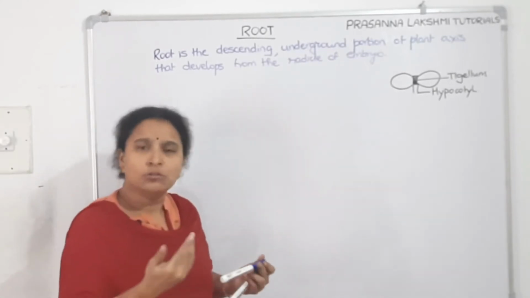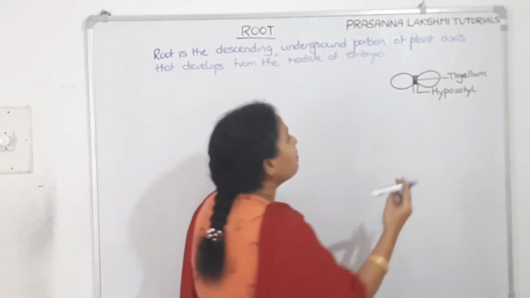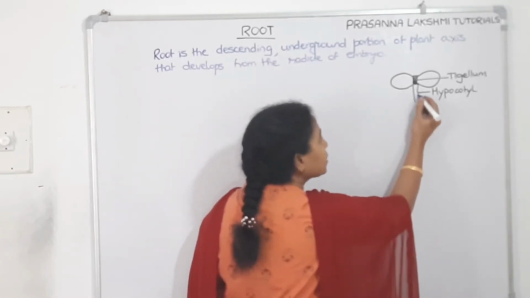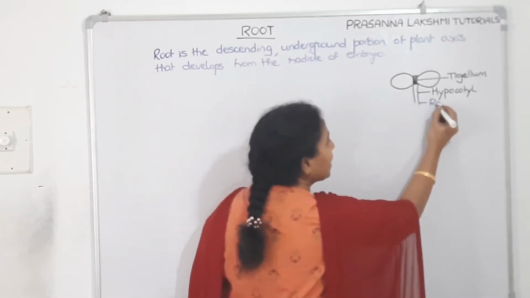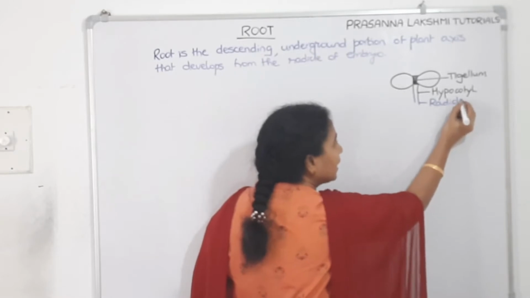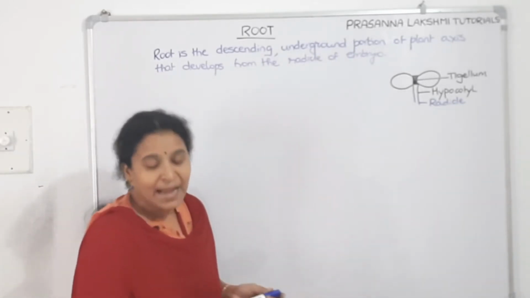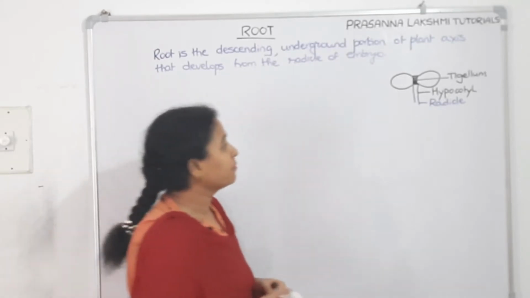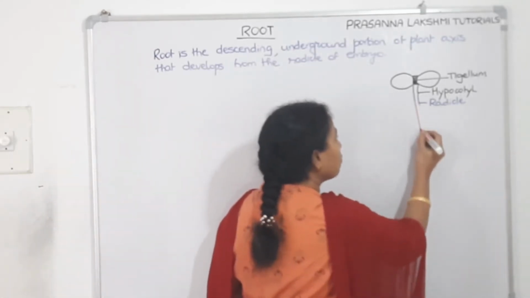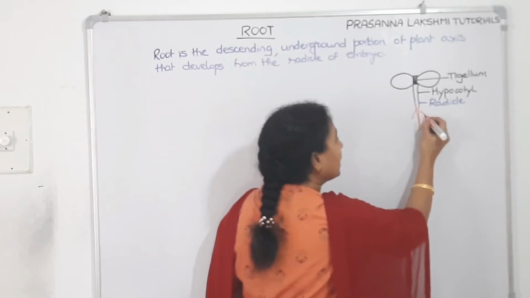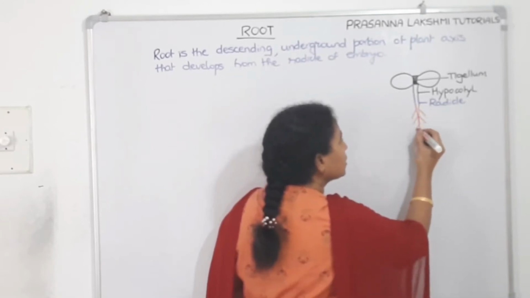Hypo means below the cotyledons. This hypocotyl will make the radicle. So it is growing and it is making the radicle. And this radicle grows further and makes the root system.